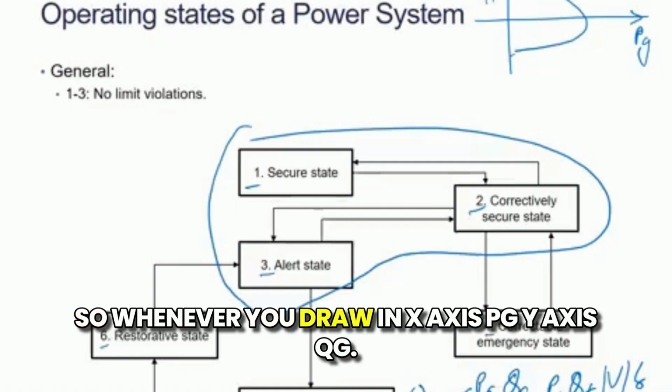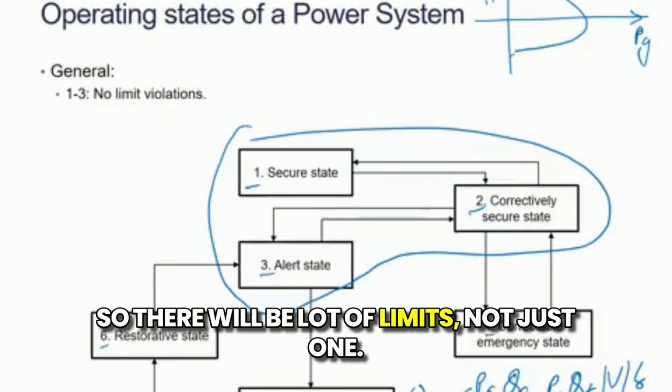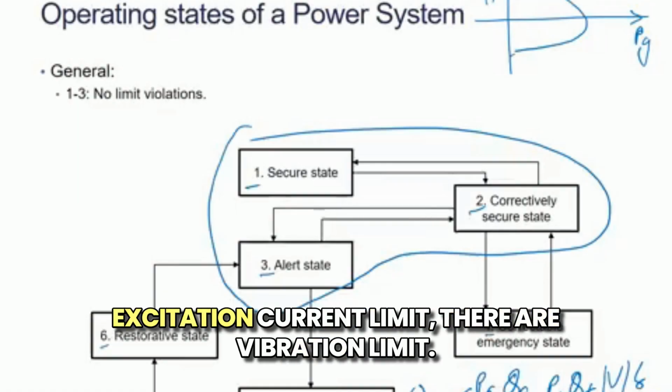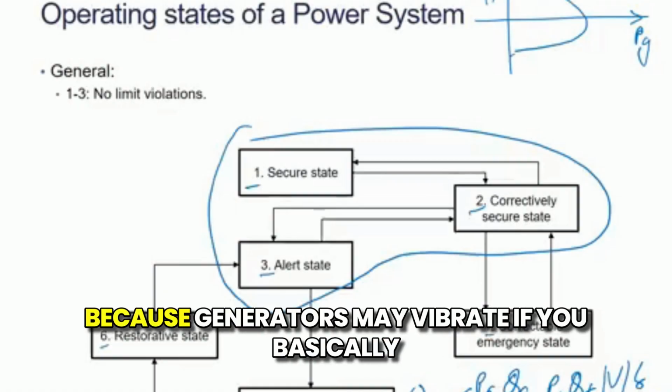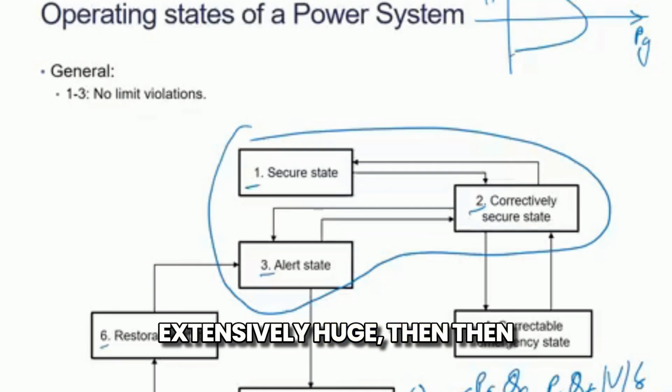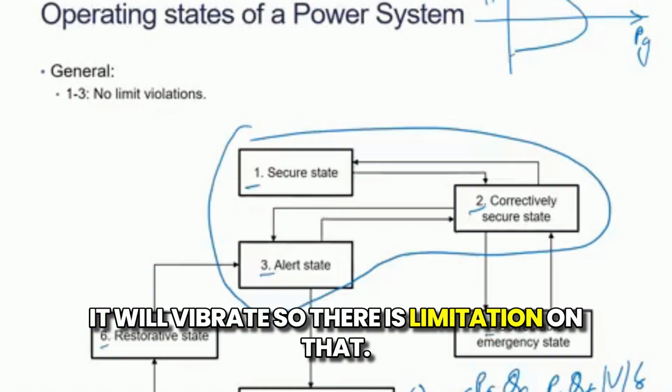Whenever you draw PG on the x-axis and QG on the y-axis, there will be a lot of limits, not just one. There is the armature current limit, the excitation current limit, and the vibration limit, because generators may vibrate if the magnetic flux inside a generator is extensively huge. So there is a limitation on that.